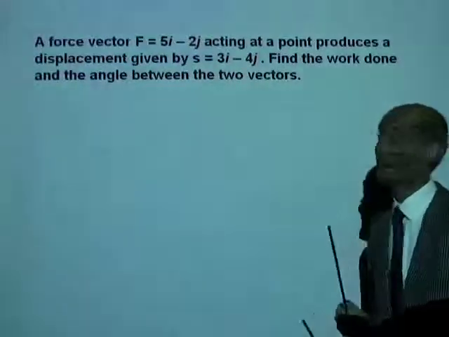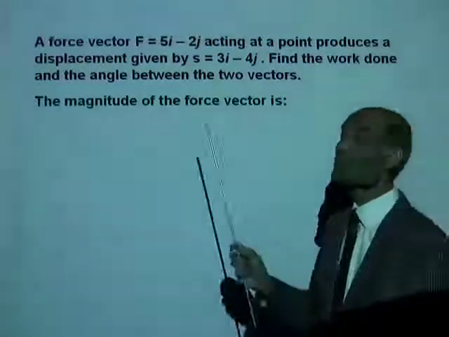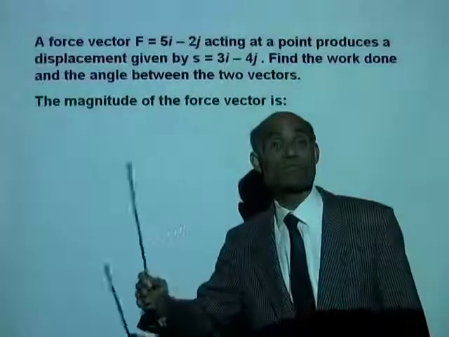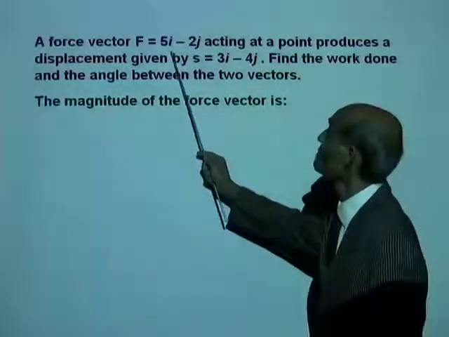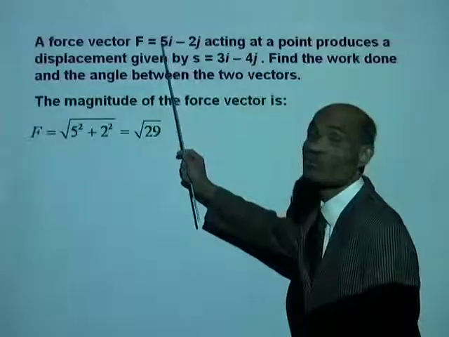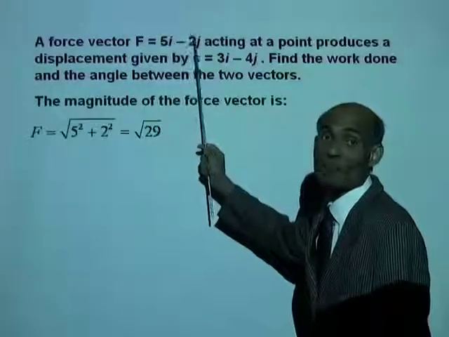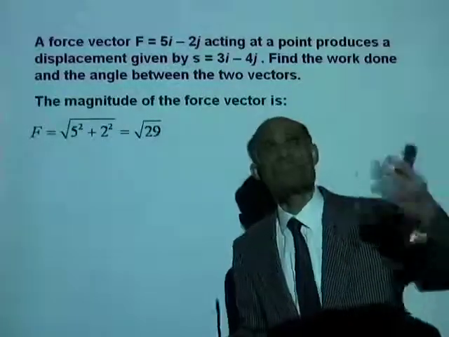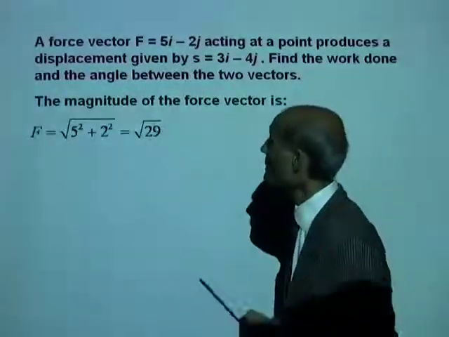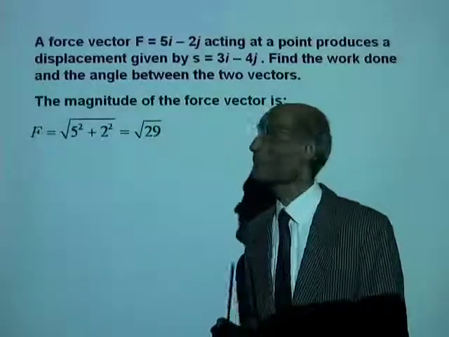What do you do for that? Well, first of all, we need to find the magnitudes of these vectors. What is the magnitude of the force vector? It will be square root of 5 squared plus 2 squared. You don't need the negative sign because when you square it, it becomes positive. And that will be square root 29.